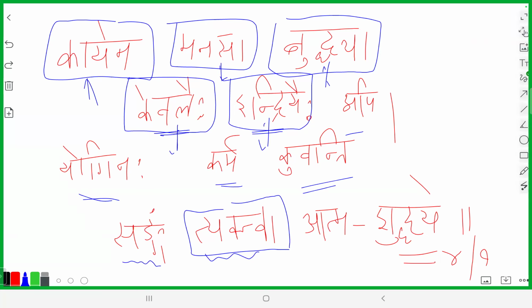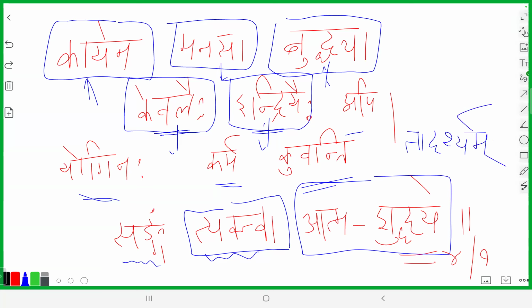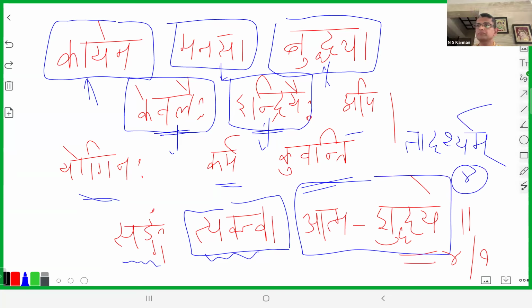And what for? For the purpose of atma shuddhi, tadarthyam. In tadarthyam we use chaturthi. So, for the purpose of atma shuddhi, atma shuddhaye. Fine?